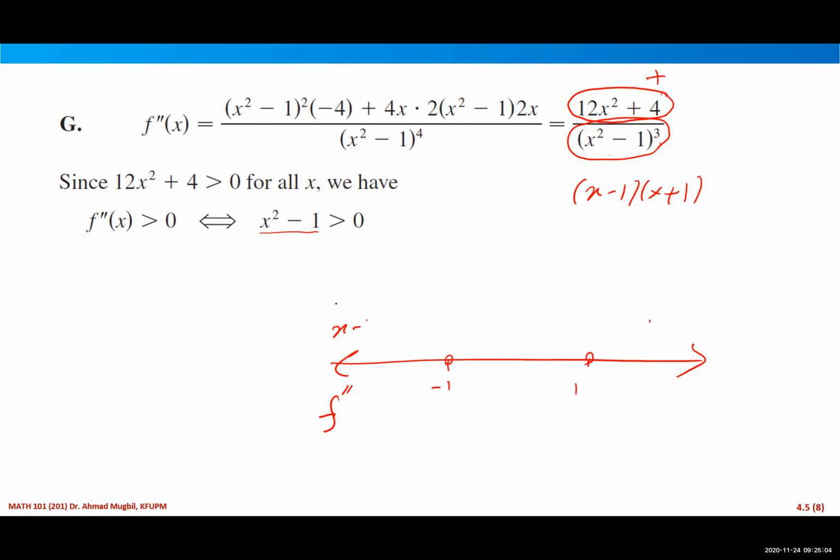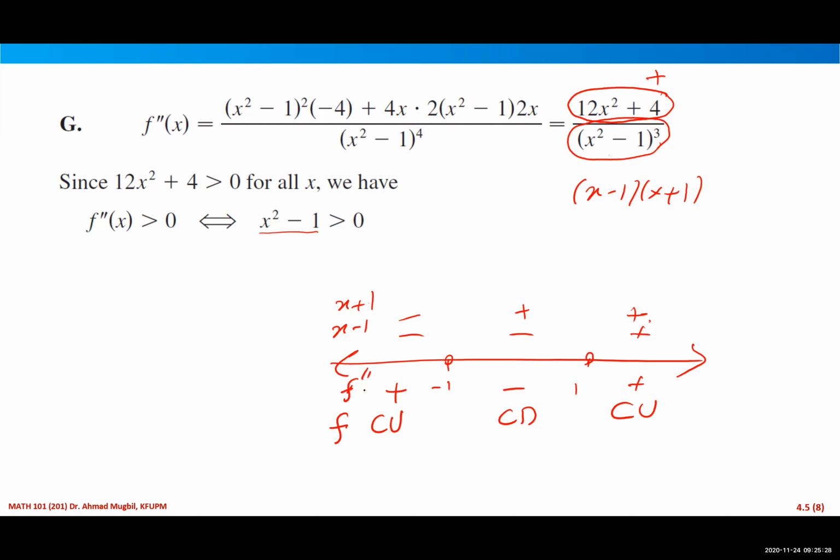And here we have x minus 1, here x plus 1. So for x minus 1, it will be positive here, negative there. For x plus 1, it will be positive here, negative here. So in total, this will be positive here, negative, positive. Now here it will concave up, concave down. I'm talking about f now. f will concave up, not the second derivative.